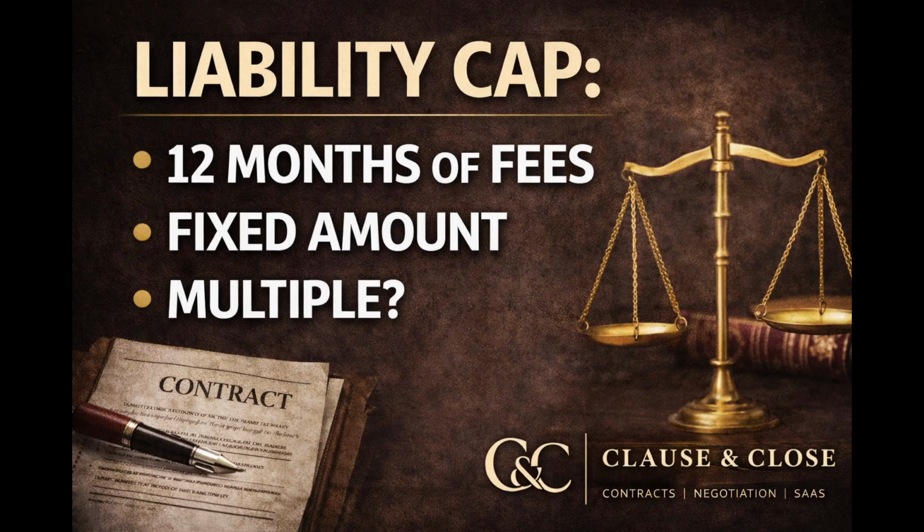Second structure, a fixed amount. For example, each party's total liability under the agreement shall not exceed 250,000 euros. Here, the cap is no longer directly tied to fees. It is set in advance and as an absolute number.